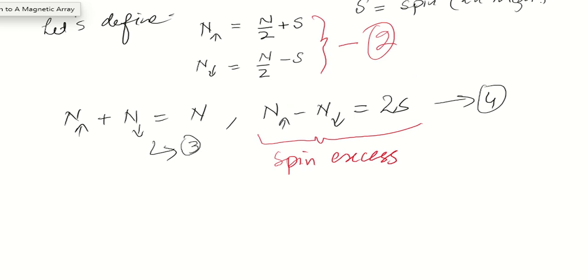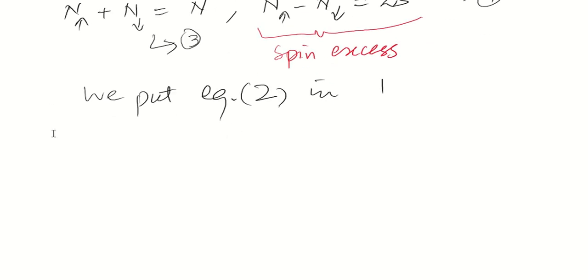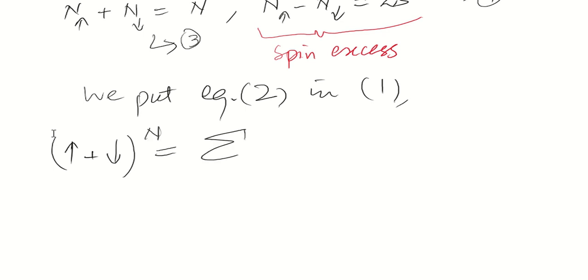We put equation 2 in 1. What we get is a really cool looking formula: up spin plus down spin raised to the power n equals the summation, which now changes from minus n half to plus n half, because we are putting n half equal to n half plus s, so the summation limits also change.